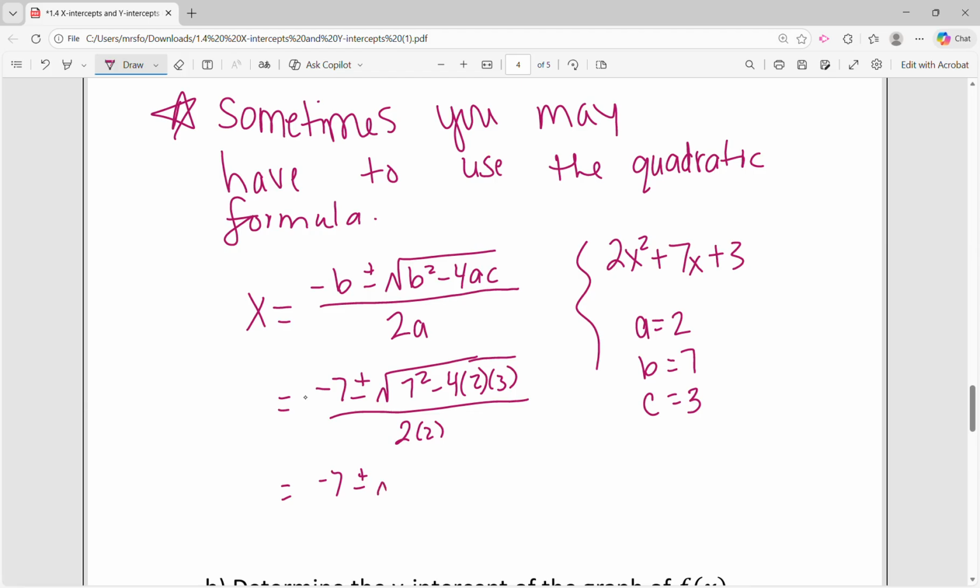So -7 plus or minus the square root of 49 minus 24.